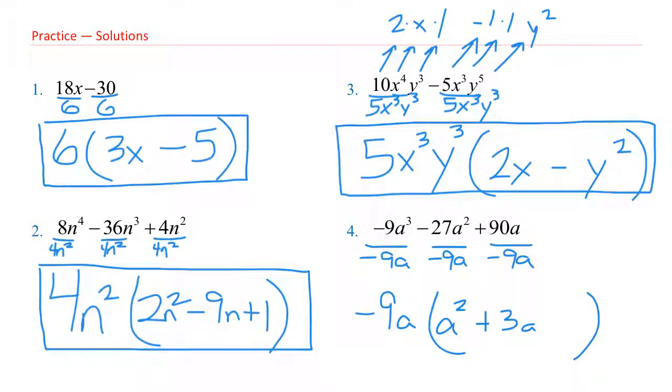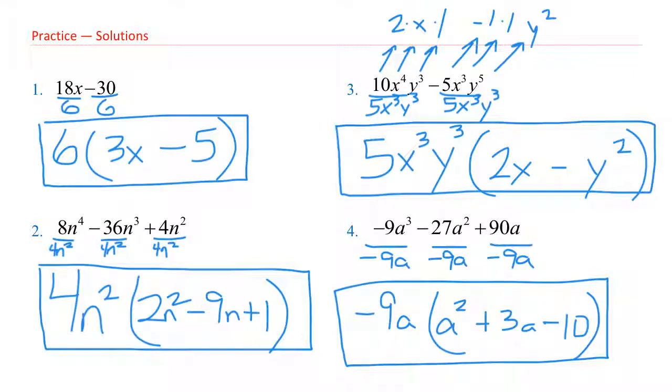And finally, positive 90a divided by negative 9a gives us negative 10. And now we have our factored expression: negative 9a times parentheses a squared plus 3a minus 10. That concludes our video lesson on factoring out the GCF.